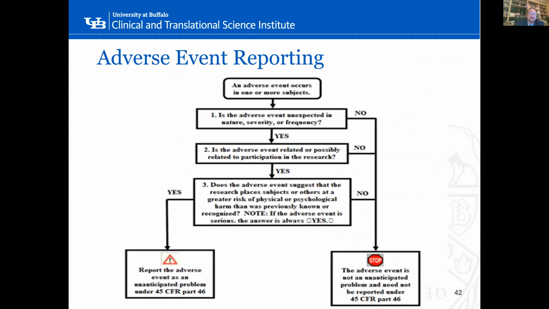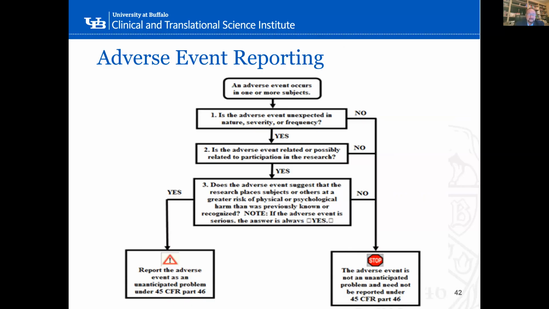Okay, moving on. Adverse event reporting. So here's the basic flow of decision making. If you have an adverse event, did it occur in one or more people? Is the adverse event unexpected in nature, severity, or frequency? And if it's no, then you can stop. Is the adverse event related or possibly related to participation in the research?